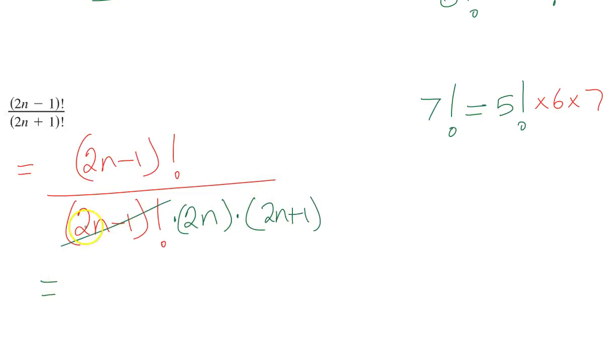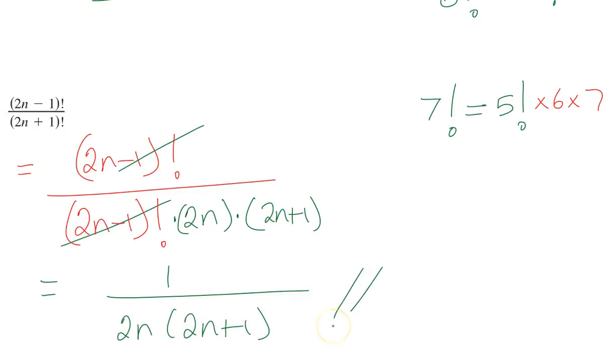Okay? So these cancel. So you have 1 over 2n times 2n plus 1 when it's simplified. Alright guys, remember, the difference between 2n minus 1 and 2n plus 1 is 2 numbers. The numbers in between are 2n and 2n plus 1.